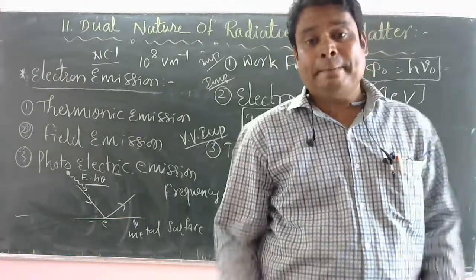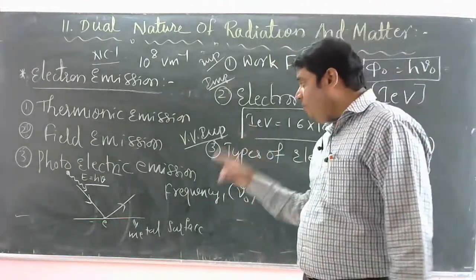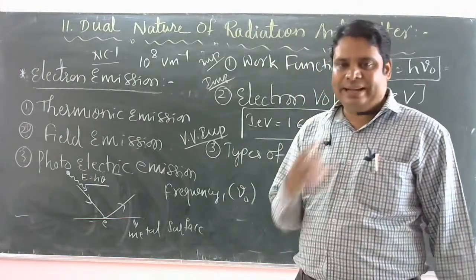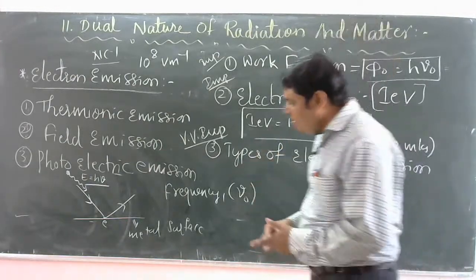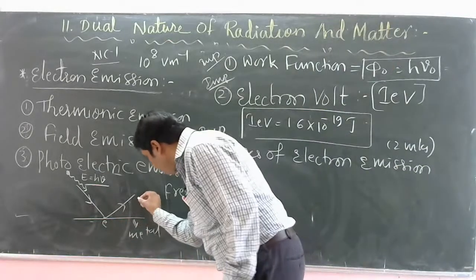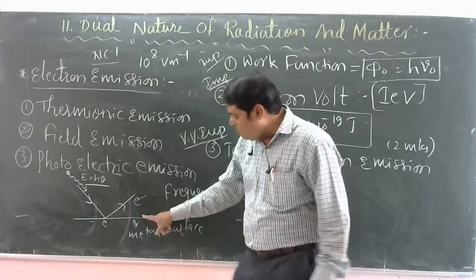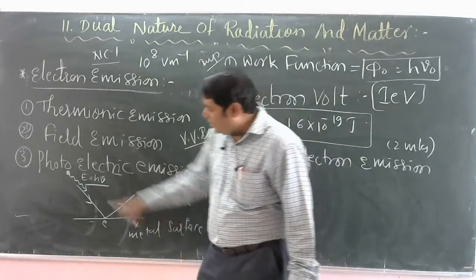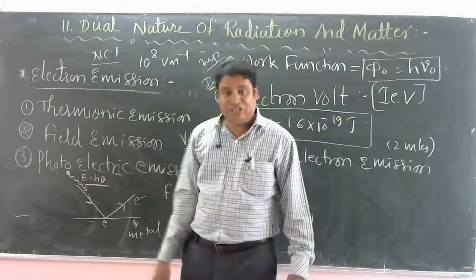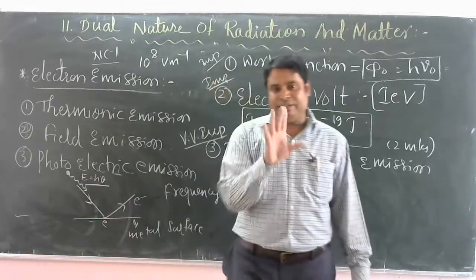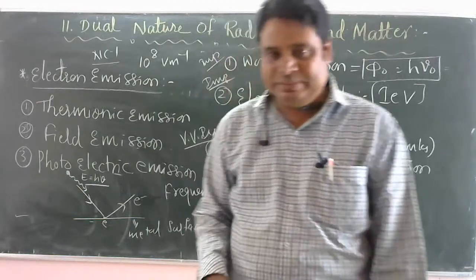What I said? Photoelectric emission is a process of liberation of electrons from a metal surface when radiation, light energy of suitable frequency, is incident. Frequency plays a very important role in this chapter, in this concept.